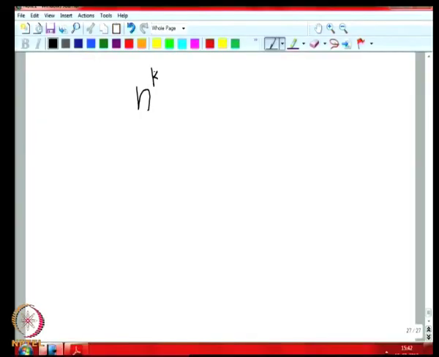Now, what we are especially interested in is simple polynomials like n raised to k, or n raised to p, let us say. So, we want to represent n raised to p as a sum over i equal to 0 to p. We need only up to p for this. We will use C of p comma 0 because we are talking about n raised to p, rather than C0, C1 and so on.